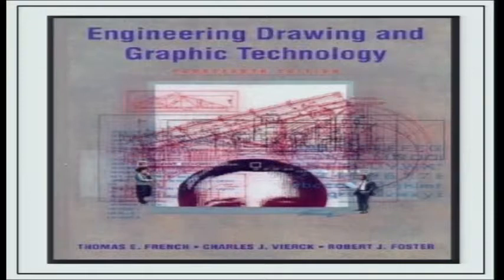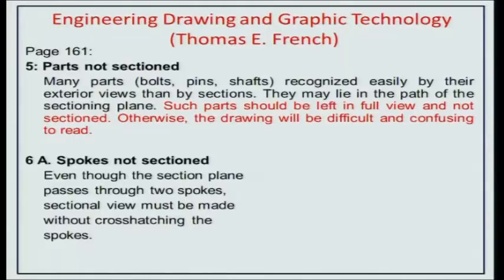What would the Bible say? Okay, this is what God said. What would the Bible say? Okay, so if you look at page 161, section 5, parts not sectioned. Many parts, bolts, pins, shafts, are recognized more easily by their exterior views than by sections. Okay, so it's better to recognize these guys by their exterior views than by sections.